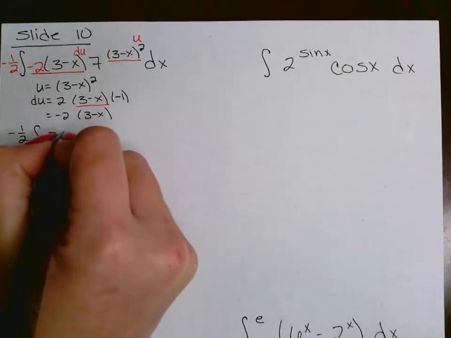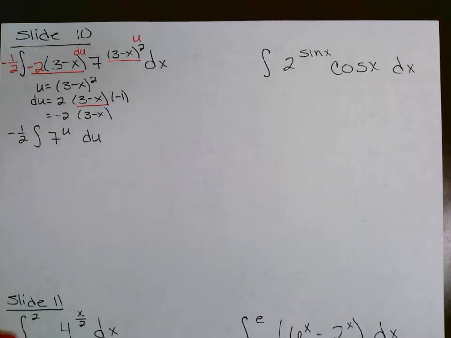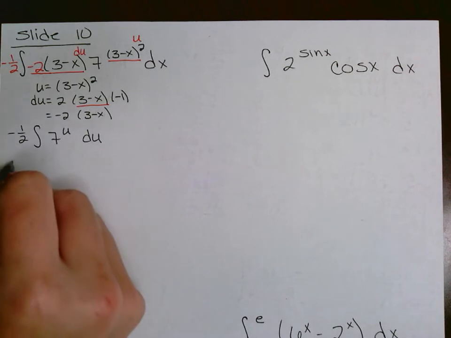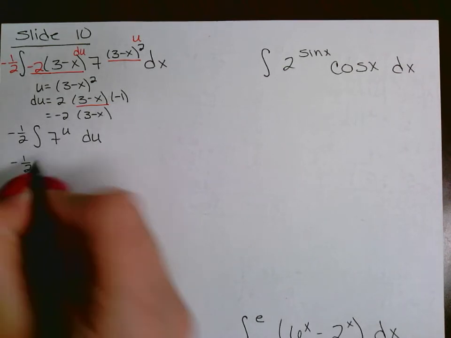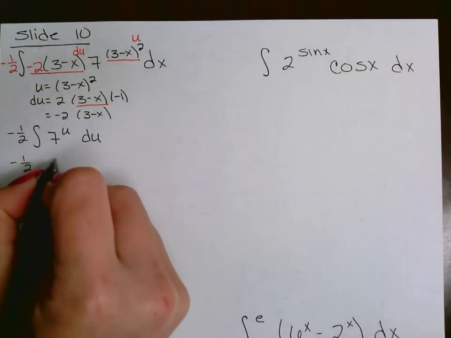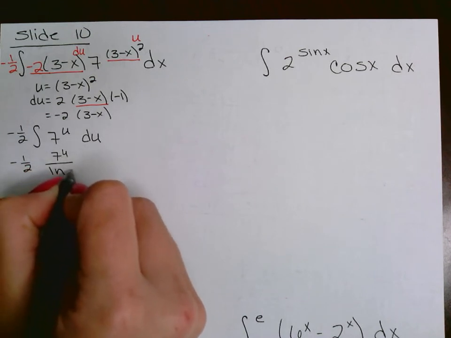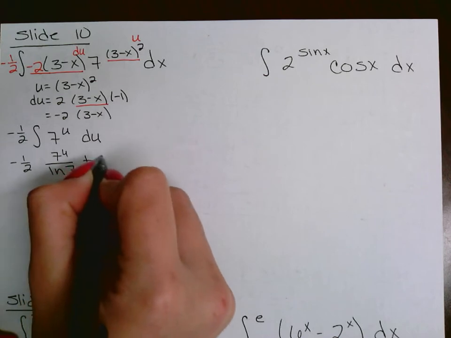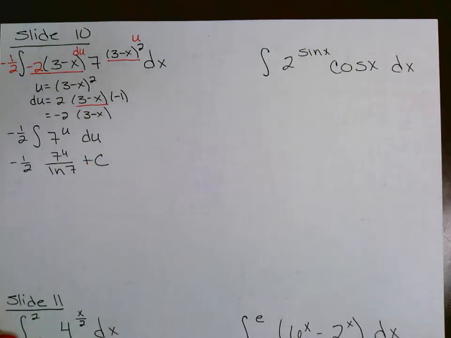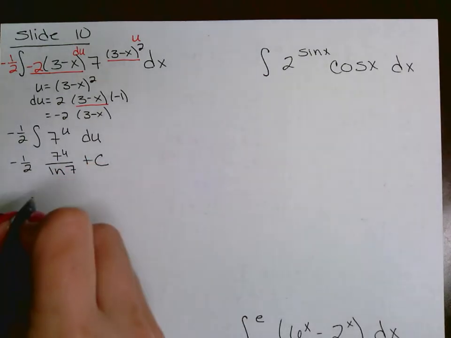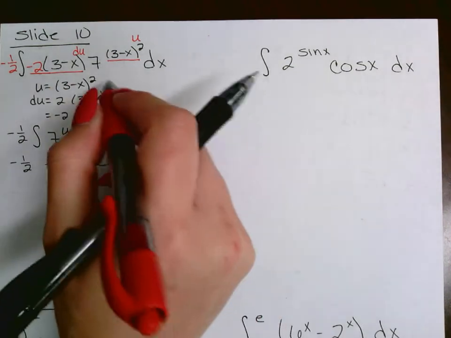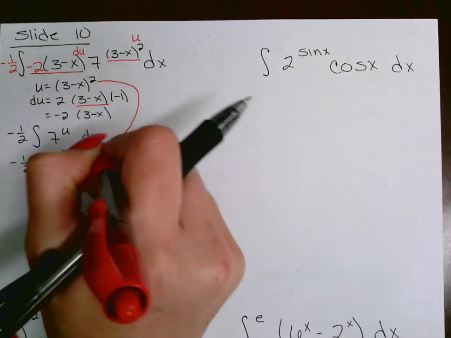And now comes the easy part. Negative 1/2, and then the antiderivative of this is rewrite over ln of the base plus c. So that's a correct answer once I plug in this u.